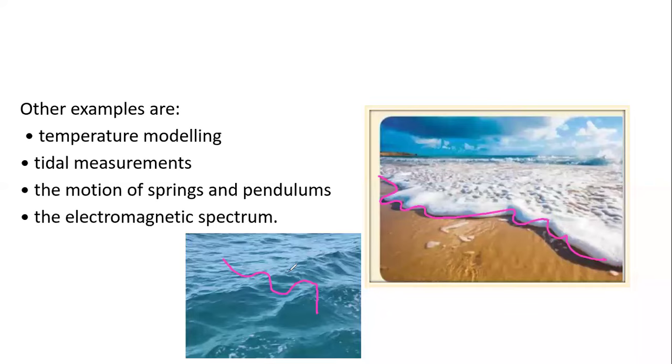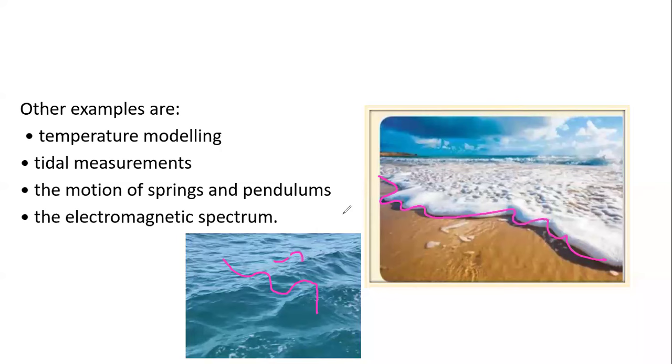This is also mathematical: when a crest and a crest meet, they form a bigger crest. When a trough and a trough meet, the trough becomes a bit deeper. Those are the mathematical ideas behind it, and they help us a lot when it comes to modeling of trigonometric functions.